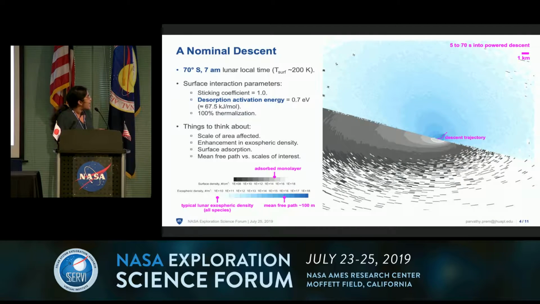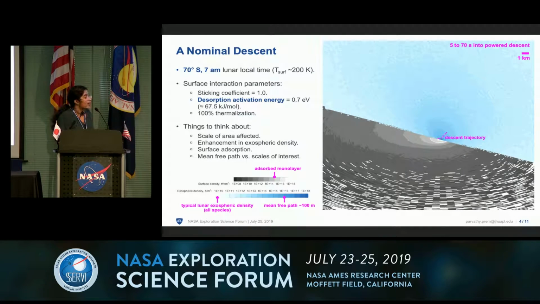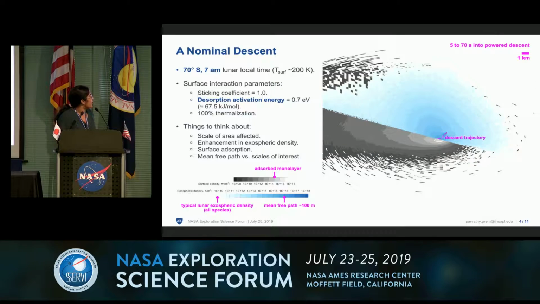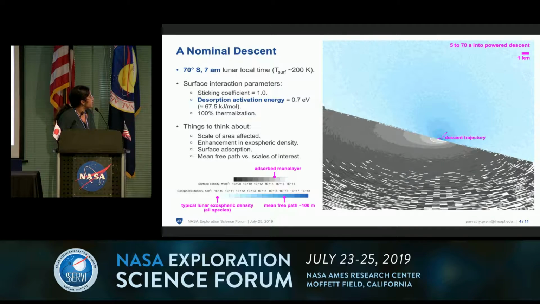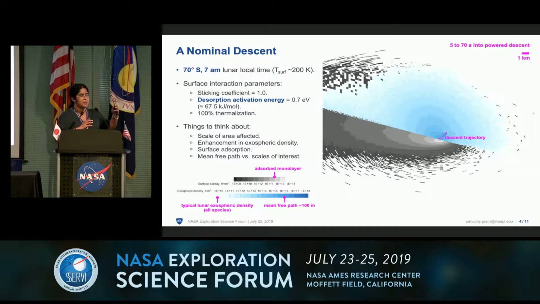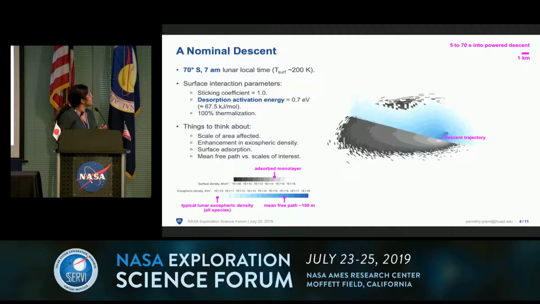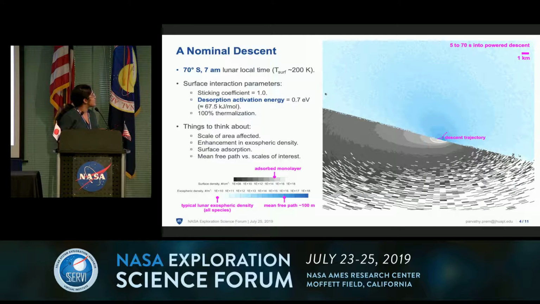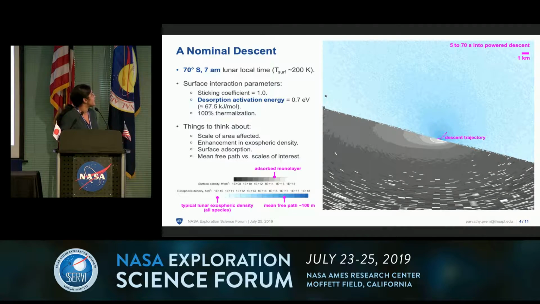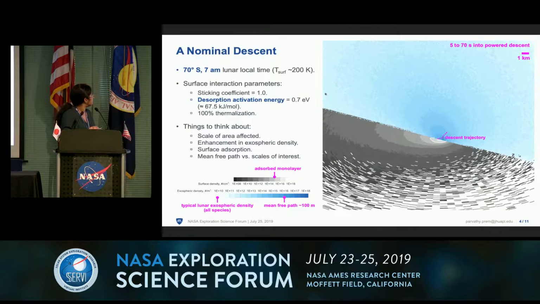We can also animate this, so you can see the spacecraft descending along the descent trajectory. The water vapor cloud expands outward, water falls back to the lunar surface, and so you're looking here at about 65 seconds, over which the bulk of the descent takes place.